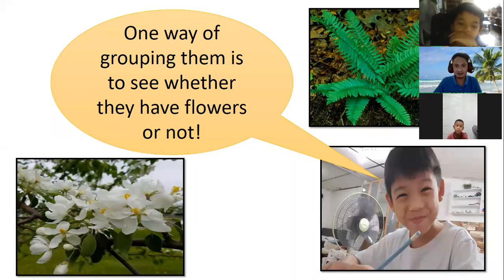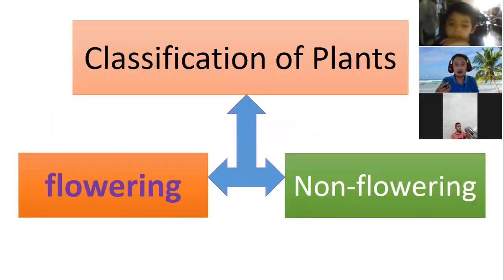They classify them by flowers or not, if the plant can give flowers or not. So we have plants that have flowers and plants that have no flowers. Do you understand? That is what we call flowering and non-flowering plants.